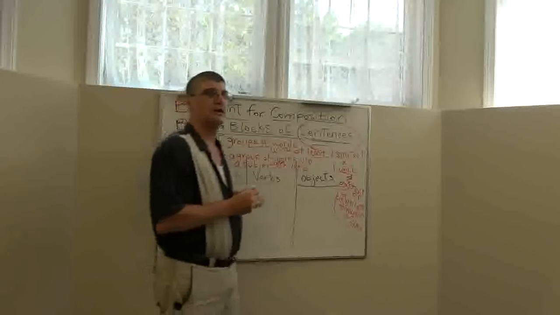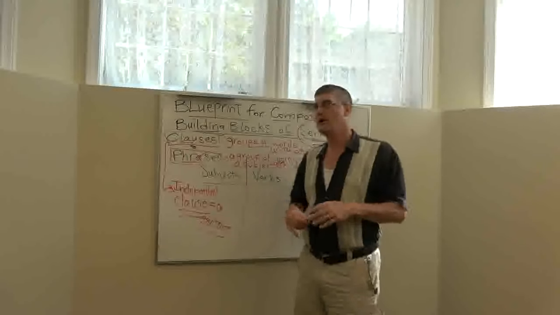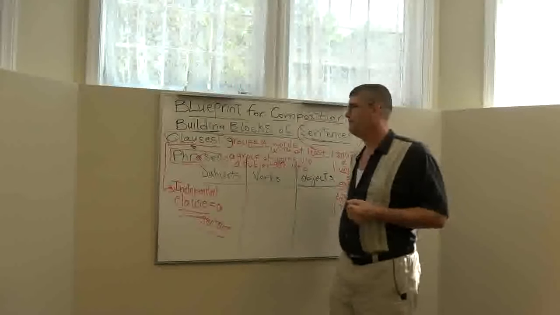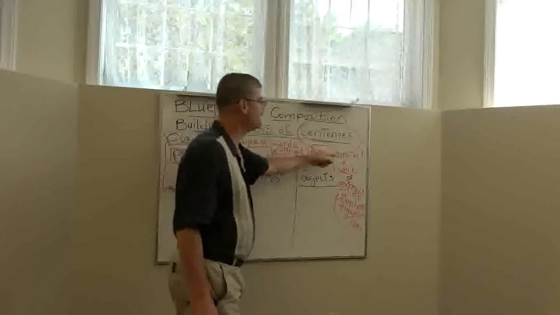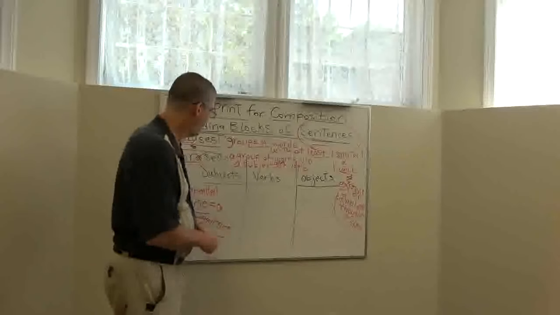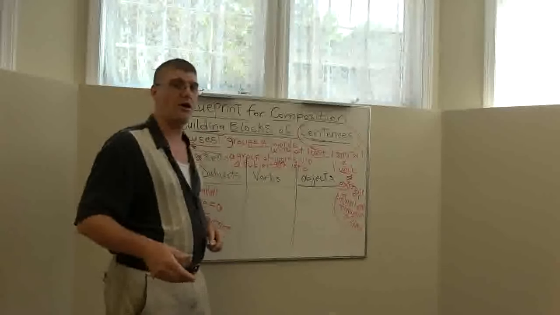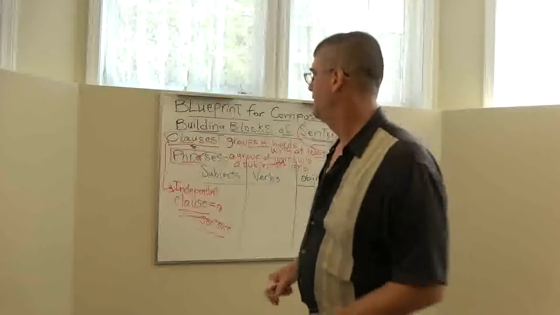So a sentence is something that can stand by itself or stand alone as a complete thought or an idea. So let's break it down. We say it needs at least one subject and one verb. So what is a subject and what is a verb? Well, very often nouns are subjects.